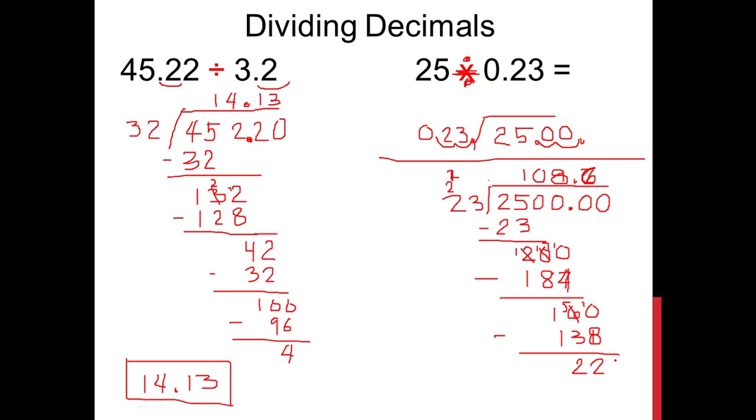Then let's bring down 0 here. So 220 divided by 23. So in 200 we have here 8, right? And then this becomes 24. So let's say 9. 9 times 3, that's 27. That's 2. 9 times 2, that's 18 plus 2, that's 20.